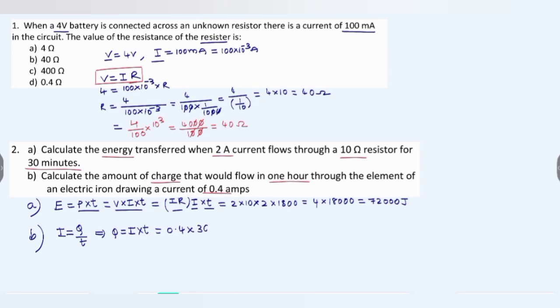So 3600 into 0.4 is 360 into 4, which is 1440 coulombs. This is the solution of the second one. Hope you understood these two problems. Now the next one.